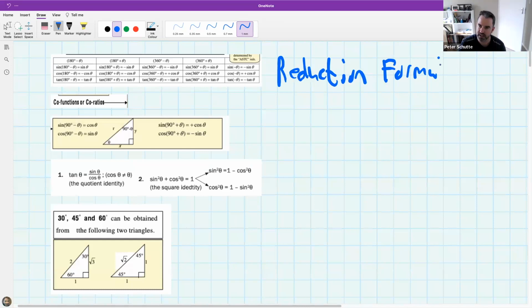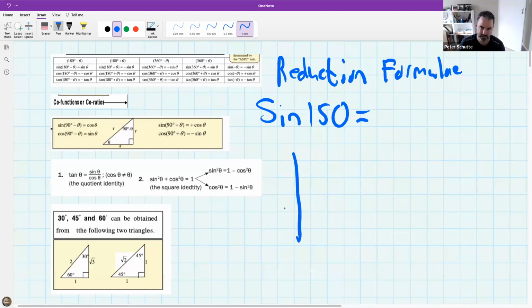And reduction formula help us reduce things like the sine of 150, which is in quadrant number 2. So if I had to visualize that, we're in quadrant number 2, and we use something called the CAST diagram to help us.